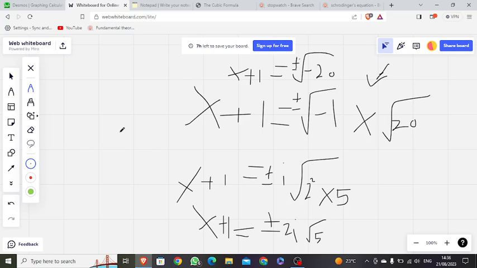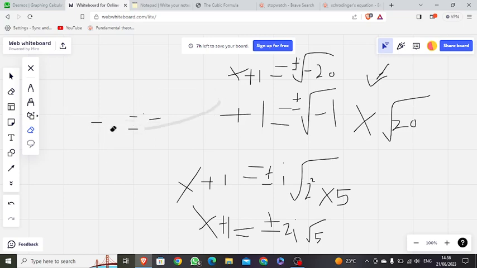Right. And now finally, x equals minus 1 plus or minus. I'm honestly not sure exactly why they put the minus 1 first, but 2i, forgot that, root 5.